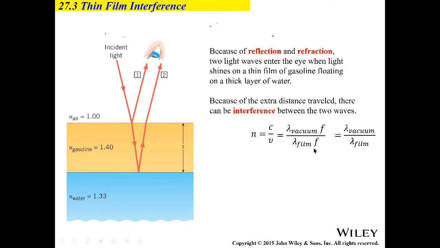All right, so this says that the actual wavelength of the light in this film is smaller than in the vacuum. So lambda of the film is lambda vacuum over n, where n is the index of refraction. Okay?